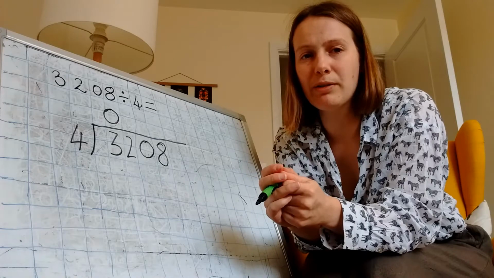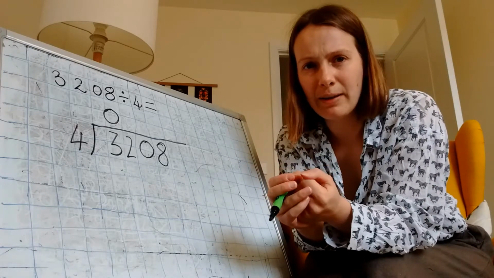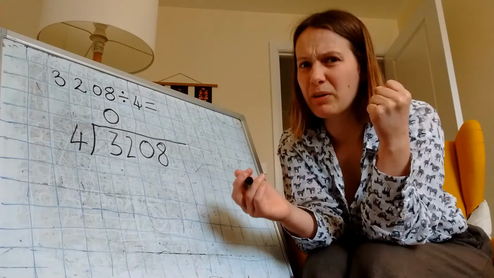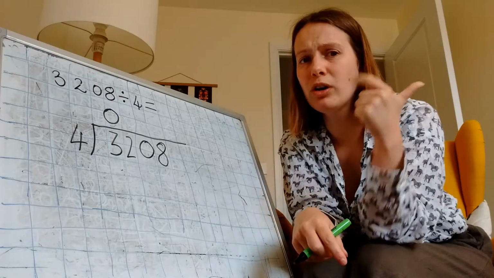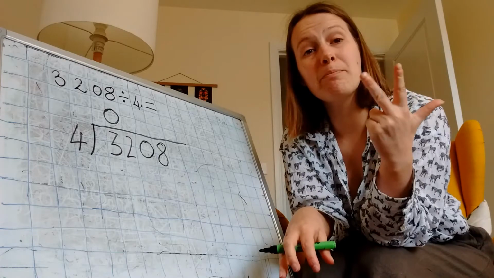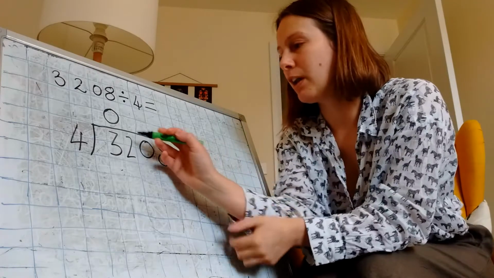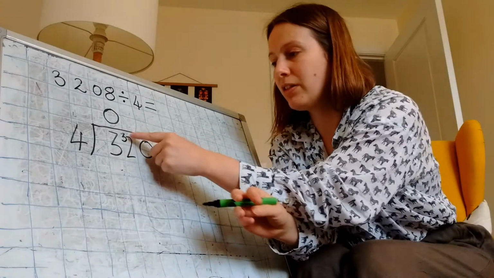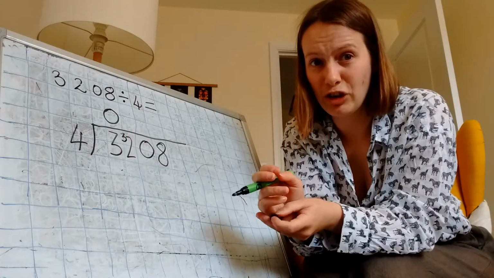So I've divided by 4. I'm counting up in my 4 times table. I'm going 0. Can't go any further because it would take me above 3, and then I go 1, 2, 3. So it's a remainder 3. And I put that little 3 just there and turn this number into 32.